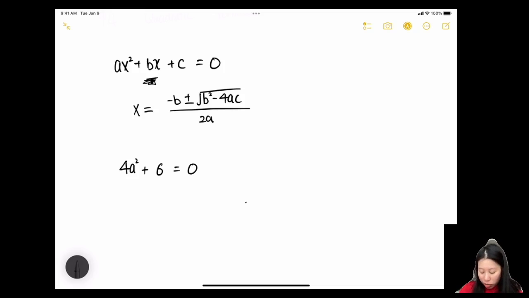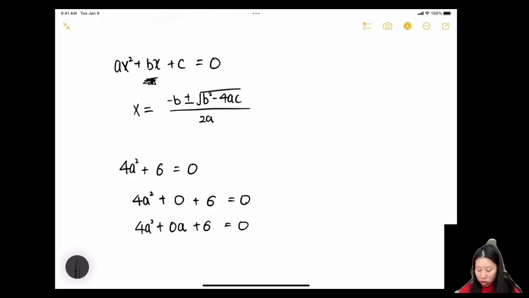So you can consider this as 4a squared plus 0 plus 6 equals 0. Since it is 0, you multiply everything by 0, so I can see it as 4a squared plus 0 times a plus 6. So we have a equals 4, b equals 0, c equals 6.